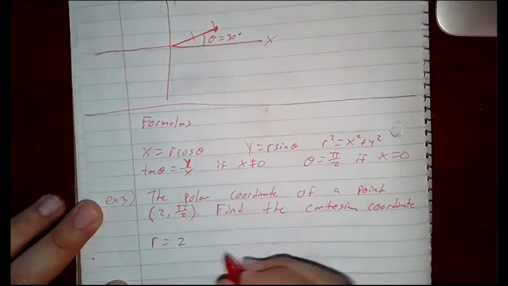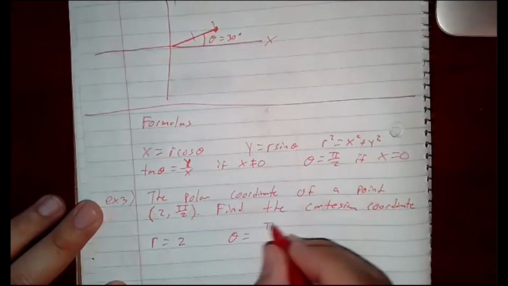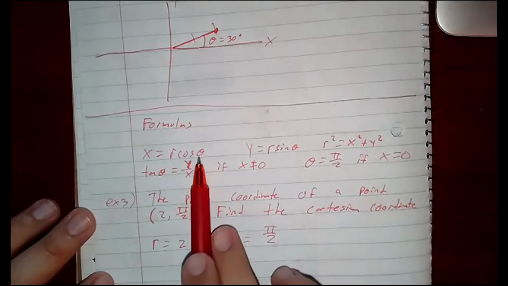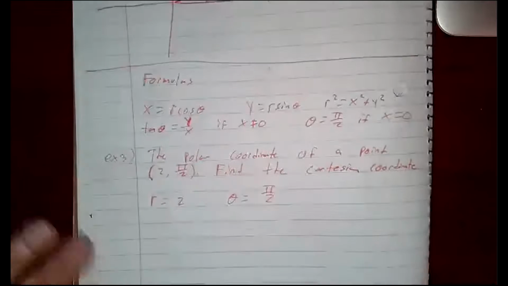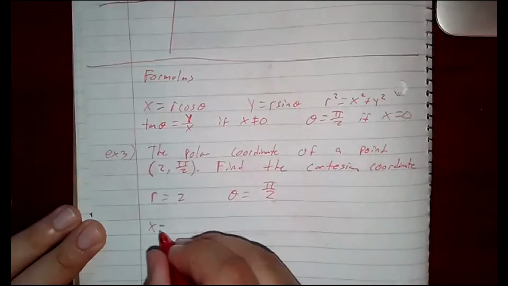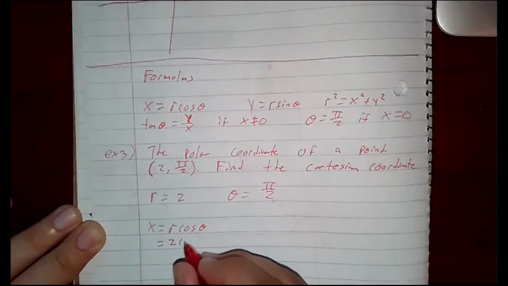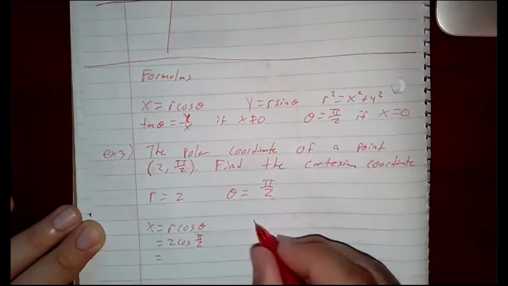So we know r is 2, theta is pi over 2, and we can solve for x and y using these formulas, right? You can say, you know what, x is equal to r cosine theta, which means that x is 2 times cosine of pi over 2, which is going to be what?